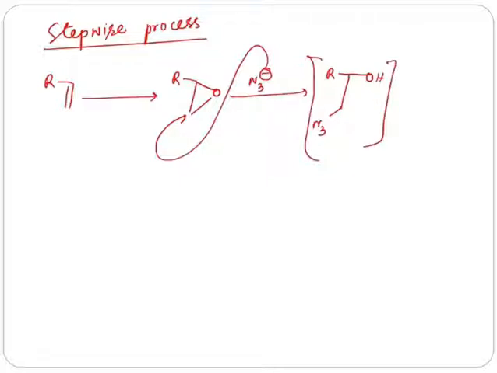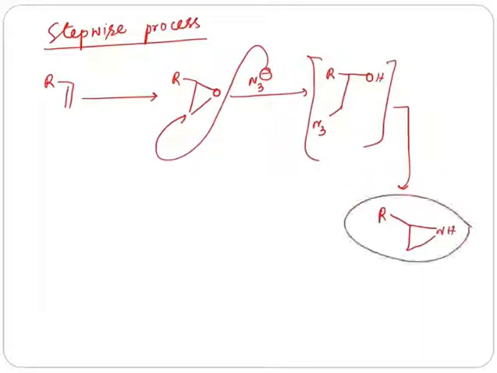This is the azide intermediate. Now this azide intermediate gives the aziridine ring. This is our aziridine ring. So by this way we can synthesize aziridine ring.